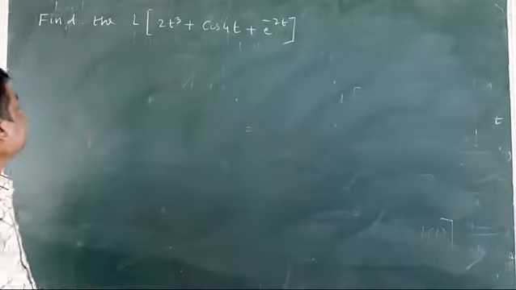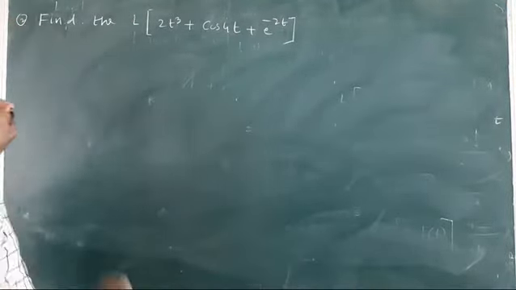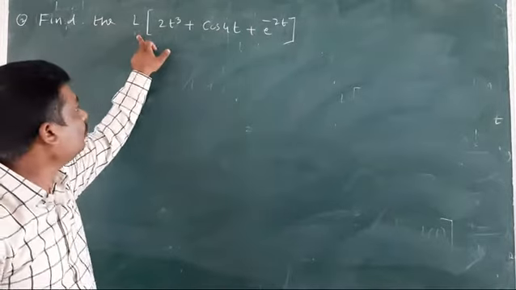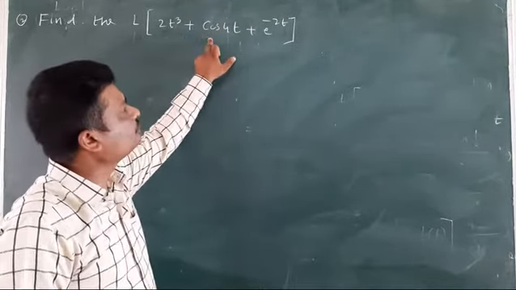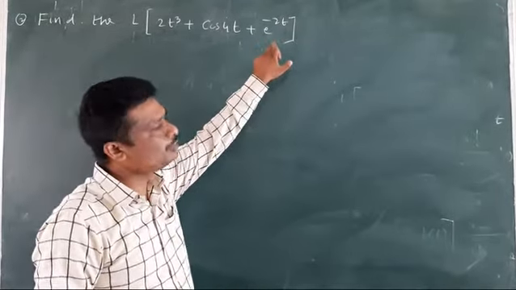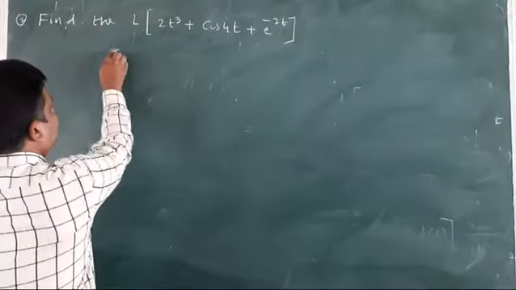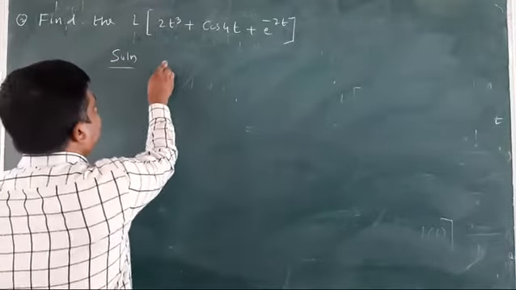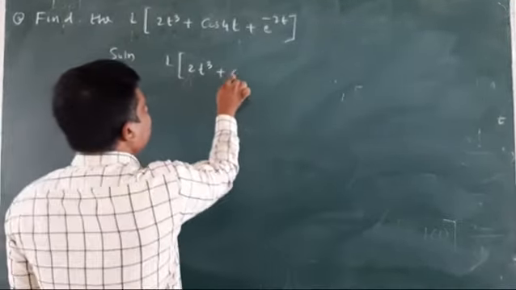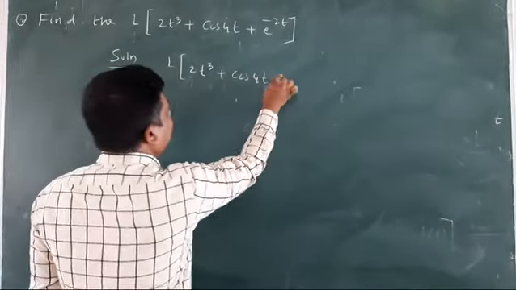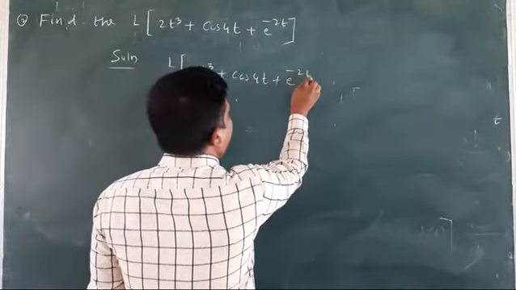So we'll take one more example, that is example number 2. Find the Laplace transform of 2 into t raised to 3 plus cos 4t plus e to the power of minus 2t. Solution: L of 2t cube plus cos 4t plus e to the power of minus 2t.